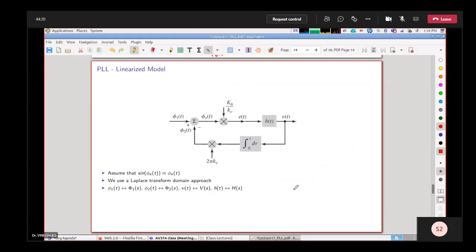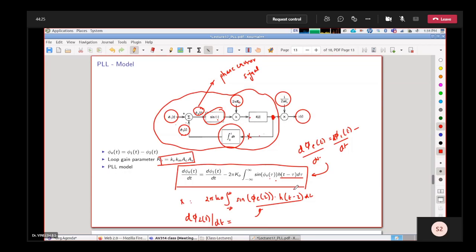So I think I'll probably stop here for today. What we will do is try to analyze this particular equation and figure out conditions under which this error signal will go to 0. Starting with a phi1 of t which is different from phi2 of t, which is more representative of the case where the input signal is different from the locally generated carrier signal.